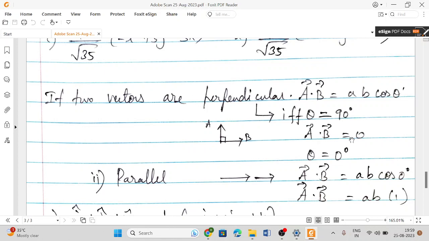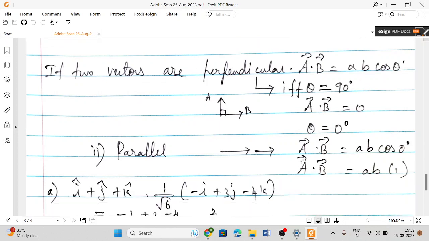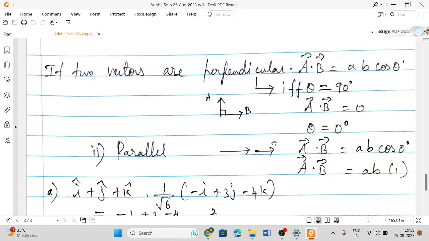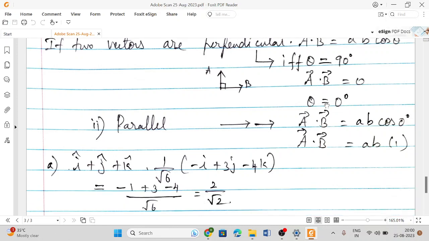So a dot b equals 0. As a result, if the dot product of two vectors becomes 0, then the two vectors are perpendicular. That's the simple idea. If two vectors are parallel, cos theta becomes 1, so you get the maximum value. You can use this to check whether vectors are perpendicular or not.